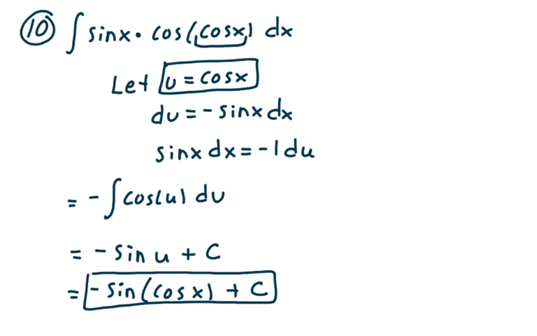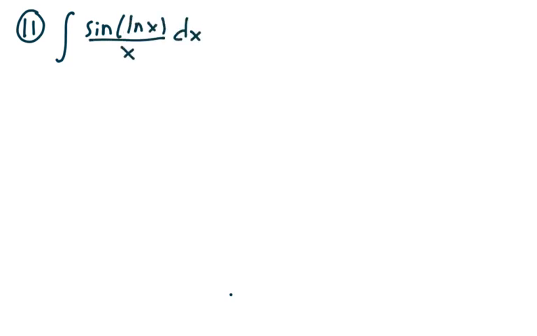If we take a look at problem number 11, we have the integral of sine of natural log of x divided by x dx. My inside function is natural log of x, so I'm going to call that u.